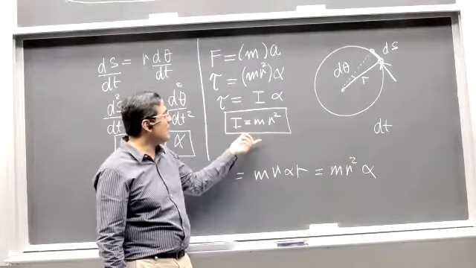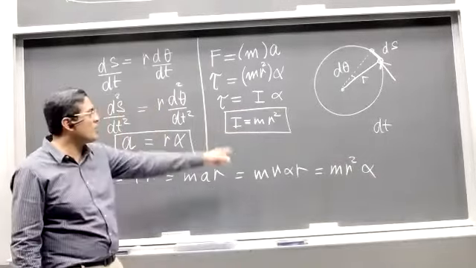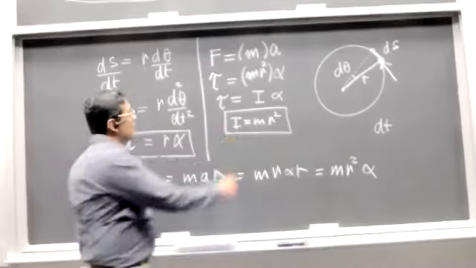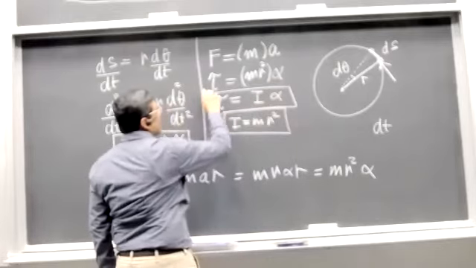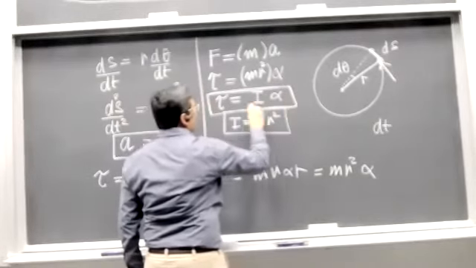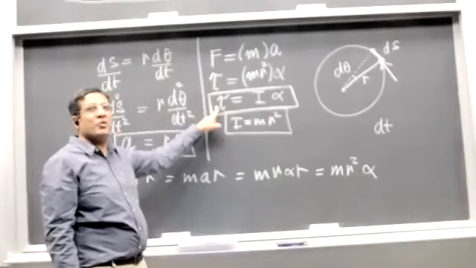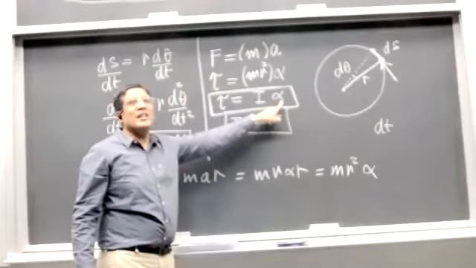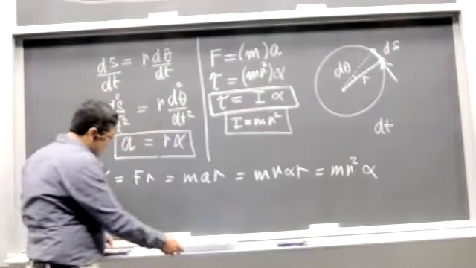And this is the measure of resistance to rotational motion, so rotational inertia. This is the rotational counterpart of Newton's second law. This is the agency, the torque, which produces rotational acceleration, and this is the quantity which resists rotational motion. Any questions so far?